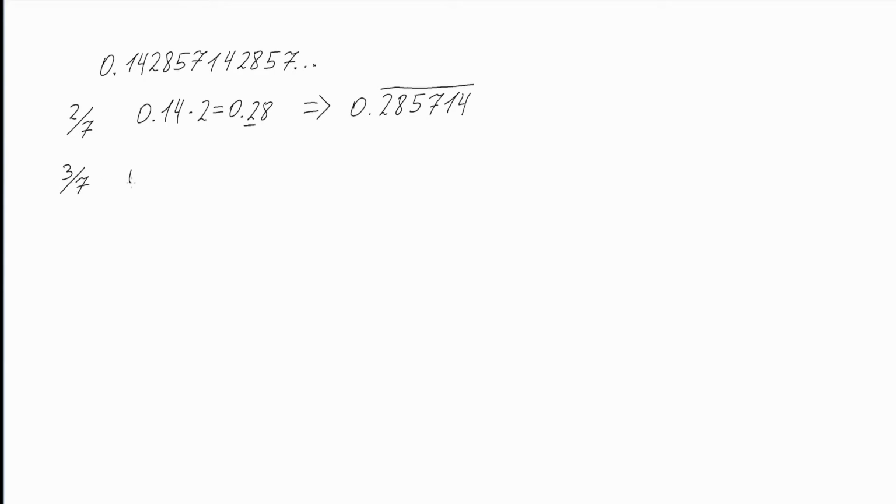To find 3 over 7, first we multiply 3 by 0.14, and we get 0.42. The first digit will be 4. Now we can look back at the 1 over 7 decimal and copy the 6-digit sequence starting with 4, and this will be the sequence repeating for our decimal. Hopefully you get the idea.